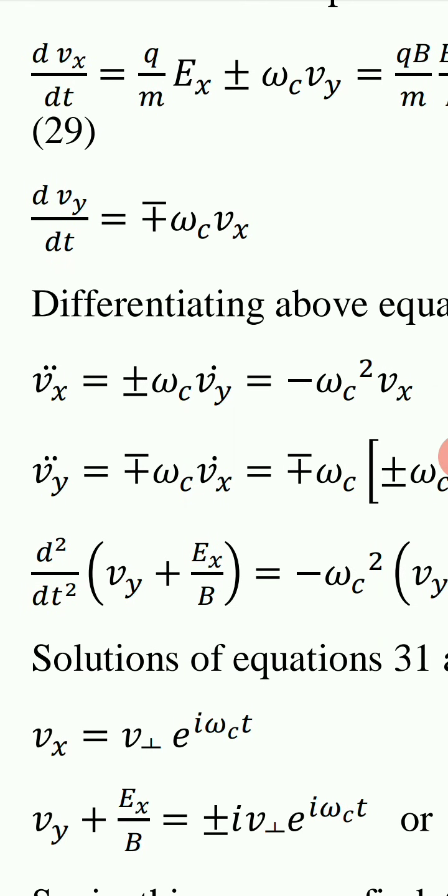QB upon M is plus minus omega c. It is the cyclotron frequency. So assume QB upon M as omega c, which is the cyclotron frequency of circular motion.